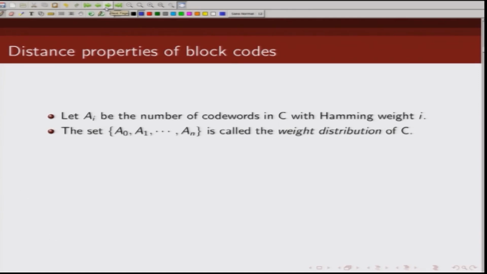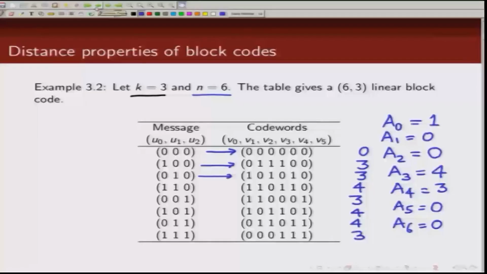Now, this set, which describes how many code words we have of a particular weight, is known as the weight distribution of a linear block code C. So, for this block code, the weight distribution is given by this. This completely specifies the weight distribution of this particular 6-3 linear block code.